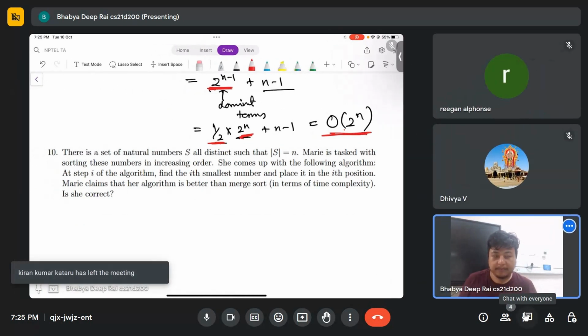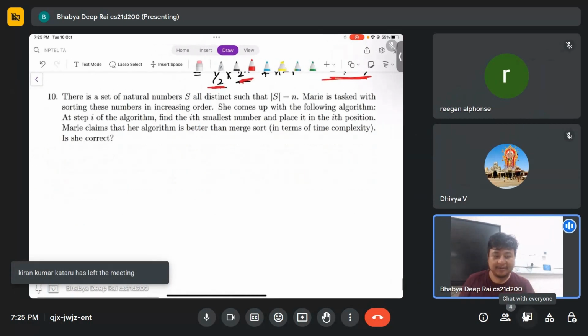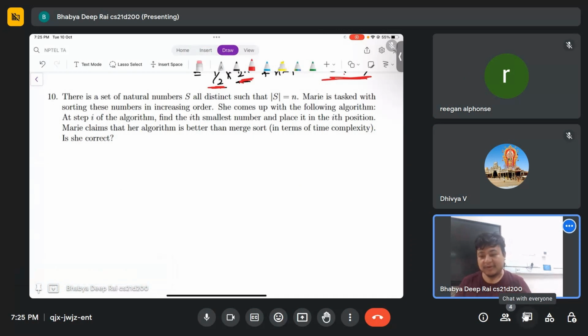Well, finally, we have the last question. Okay, the question is as follows. There is a set of natural numbers S, all distinct, such that the size of S is n. Marie is asked to sort these numbers in increasing order, and she comes up with the following algorithm.